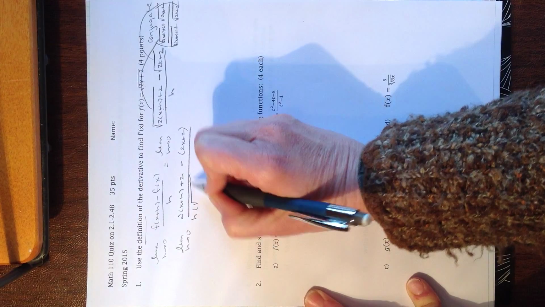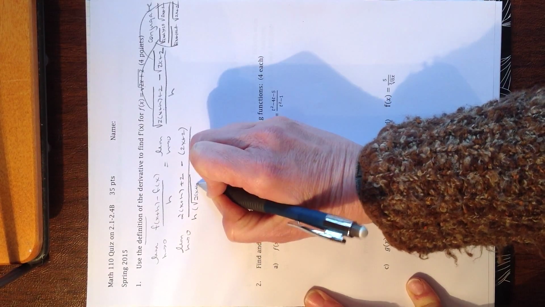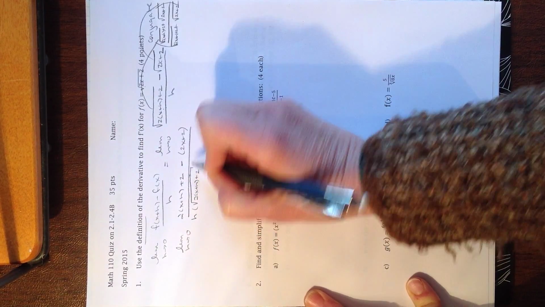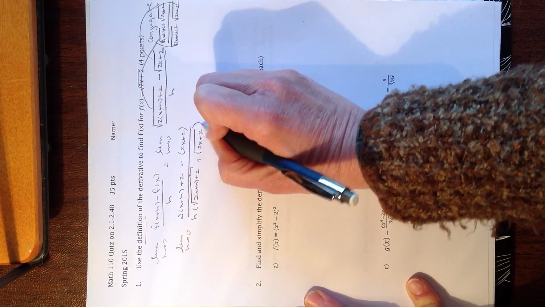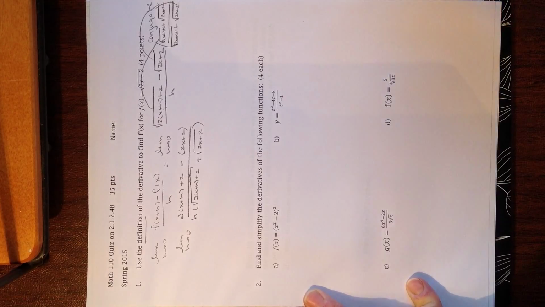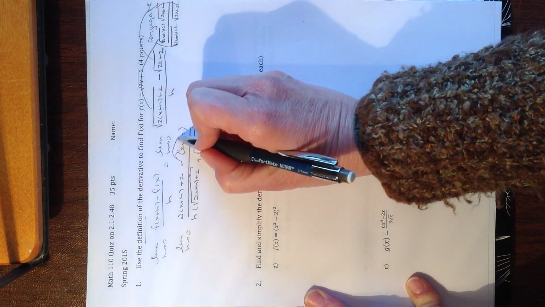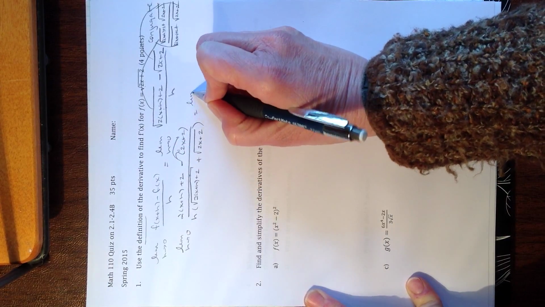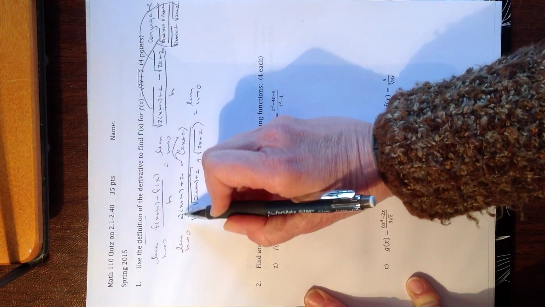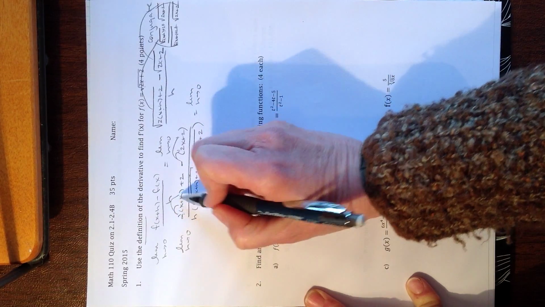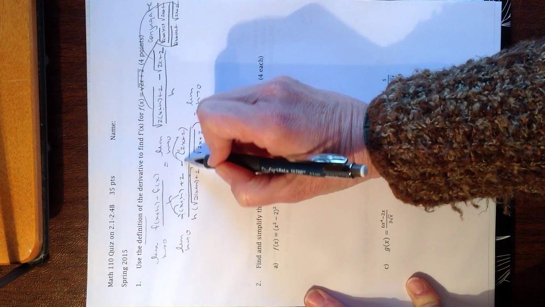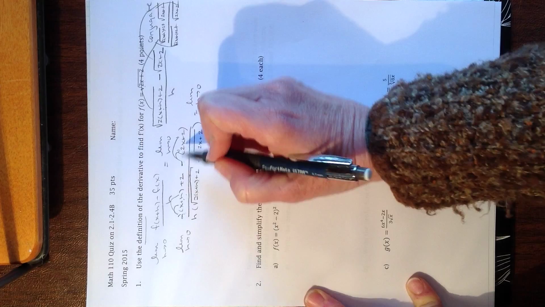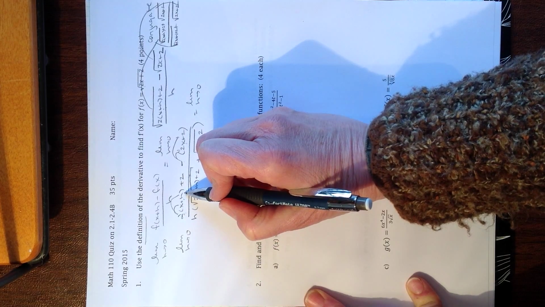In the denominator then, you'll have h, which was down there, times the conjugate, which you multiplied on top and bottom. When you distribute your negative, what's going to happen is the 2x from here and the 2h from here are going to have, you're going to have an opposite from the 2x, but not an opposite from the 2h.